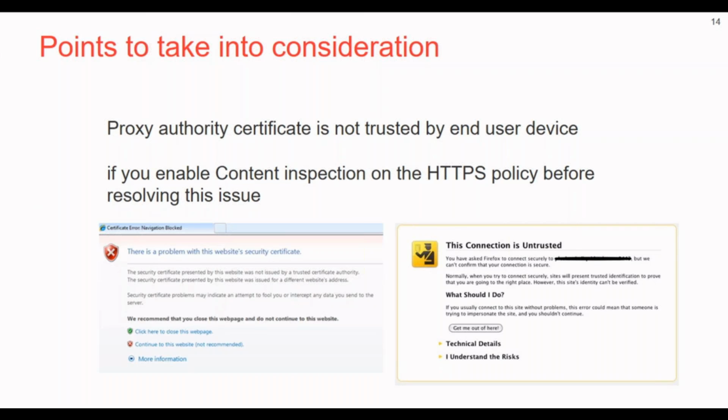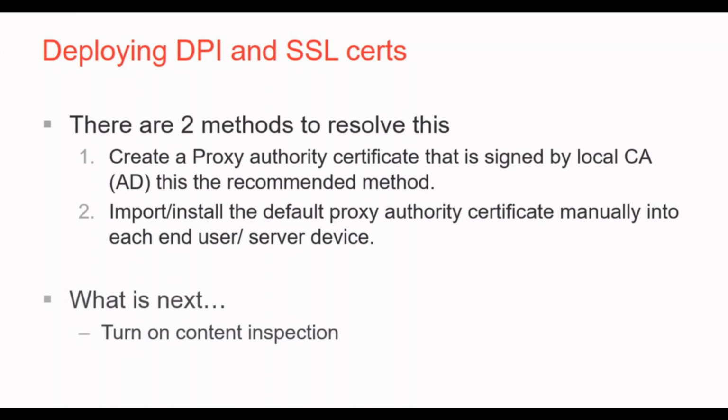So we have to find a way to make the end user devices trust this specific proxy authority certificate. And that will lead us to how we're going to deploy this DPI and SSL certificates.